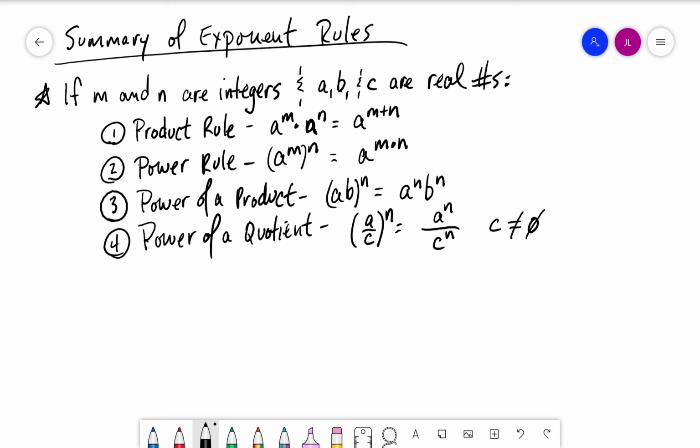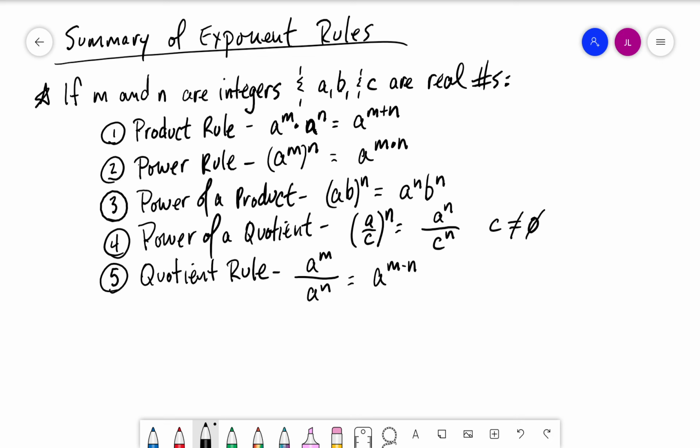Next, we have the quotient rule for exponents. The quotient rule states that if we have a to the m over a to the n, that's the same as a to the m minus n.